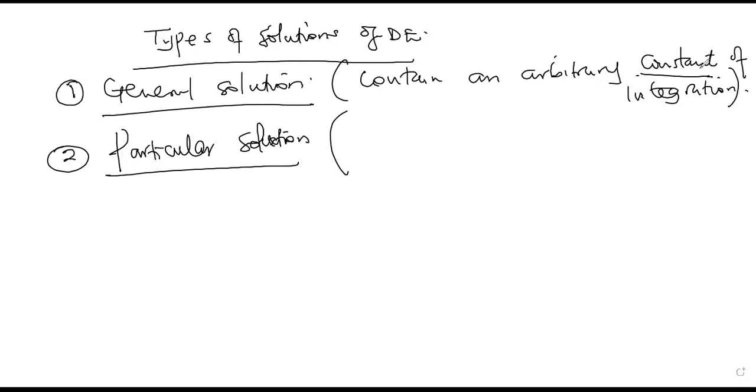So here we eliminate the arbitrary constant, and it's normally done by use of initial conditions.